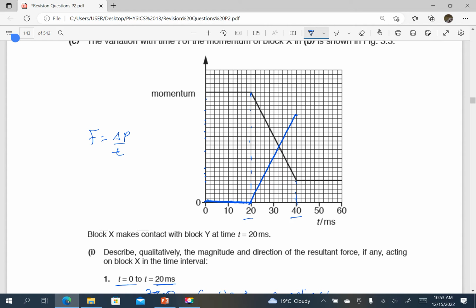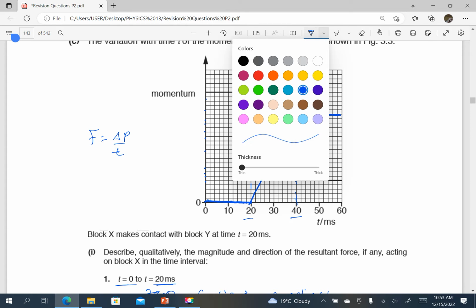After 40 milliseconds, the other one remains constant. After 40 milliseconds, it remains constant for block X. That means even for Y, it should remain constant after 40 milliseconds. So this is going to be a horizontal line. So that is the graph that you are supposed to draw here. Such graphs are easy as long as you understand the concepts.